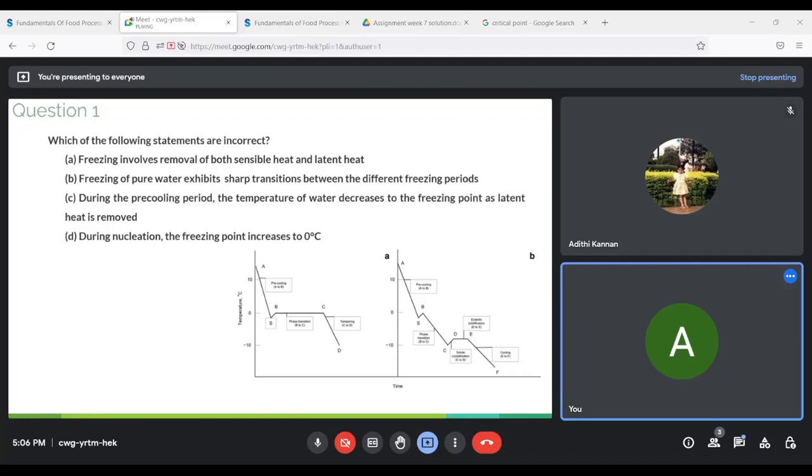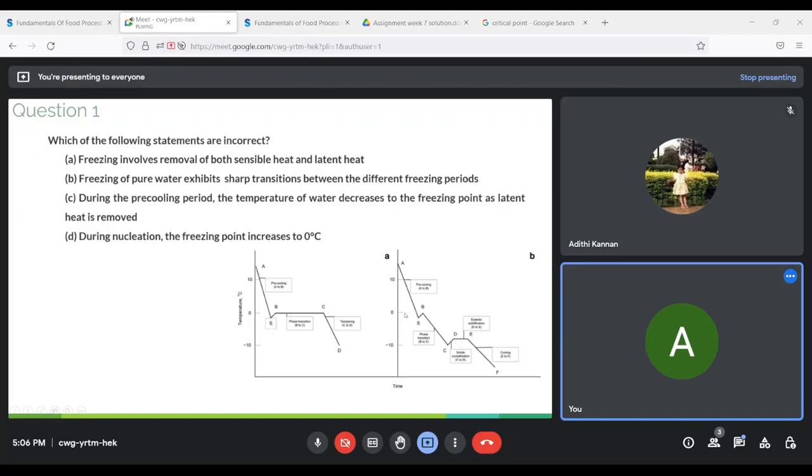Your freezer will be somewhere at around minus 30 degrees Celsius, and let's say your food product is somewhere close to minus 4 degrees Celsius or so. So from minus 4 to minus 30, the frozen food product reduces its temperature. So C to D also involves sensible heat removal. As you can see here, freezing will involve both sensible heat as well as latent heat of fusion removal, and hence statement A is correct.